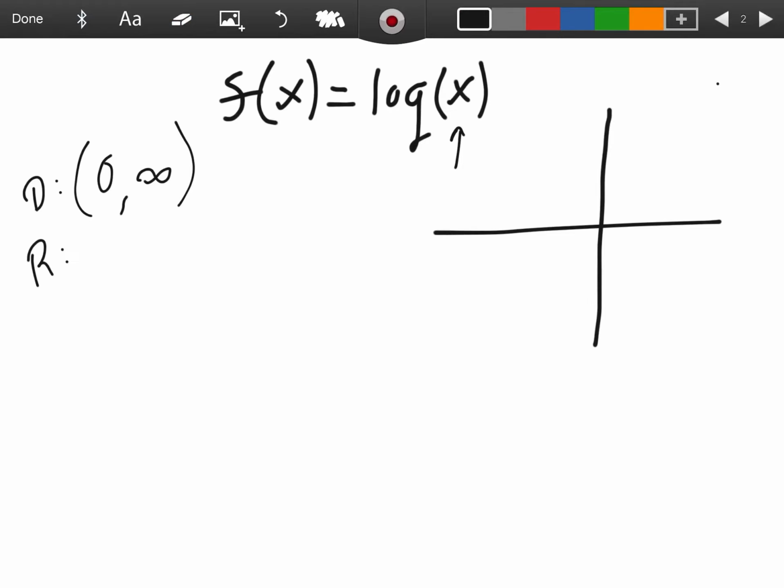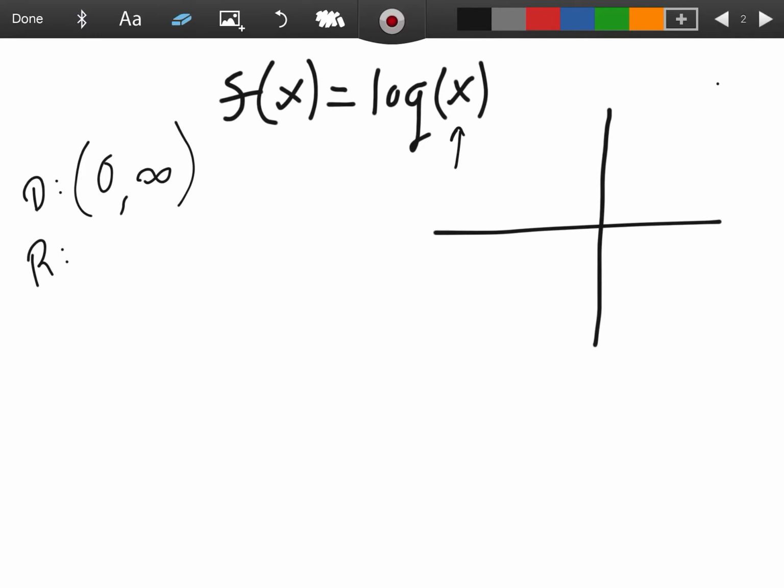All right, how about the range now? So what values could I possibly get out? Well, let's think. If I did log of 10 to the negative 100, so 0.000000000, 100 zeros and a 1 at the end, or really 99 zeros and a 1 at the end. Well, what am I going to get out? I'm going to get out negative 100. So I can get out negative values.